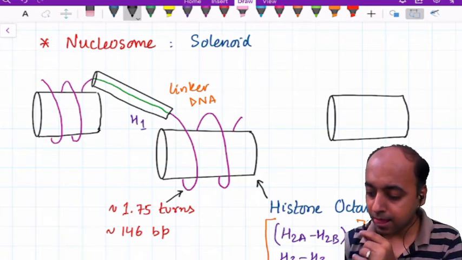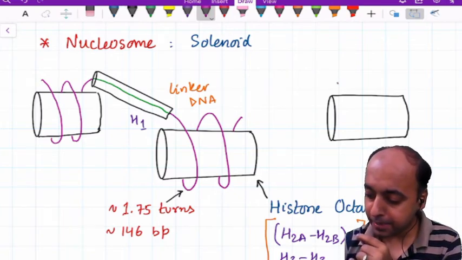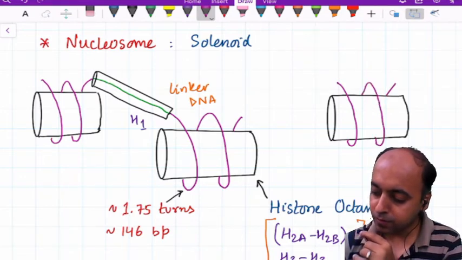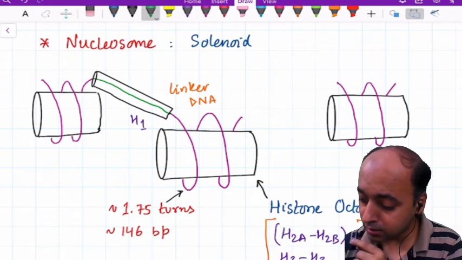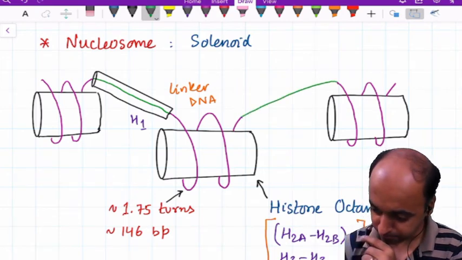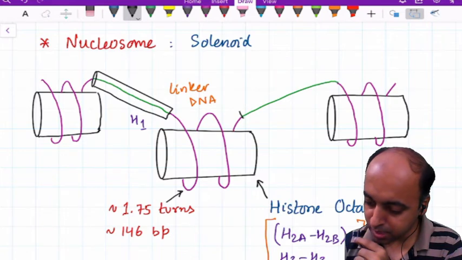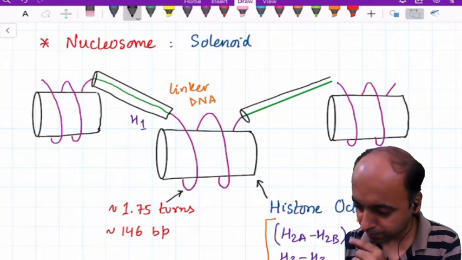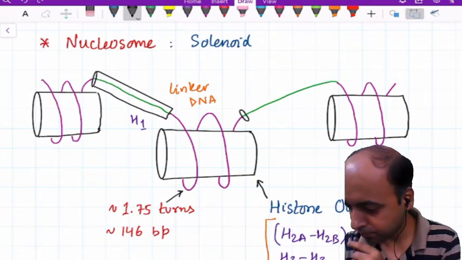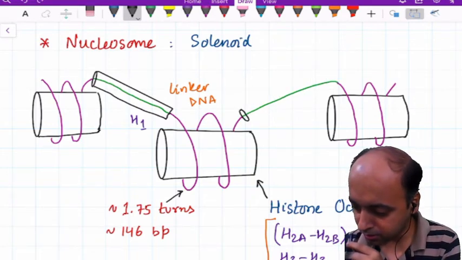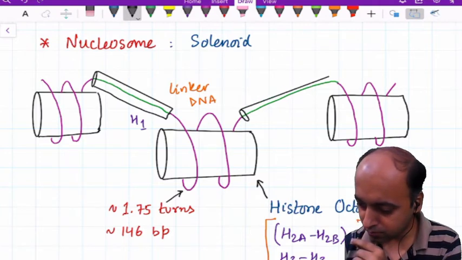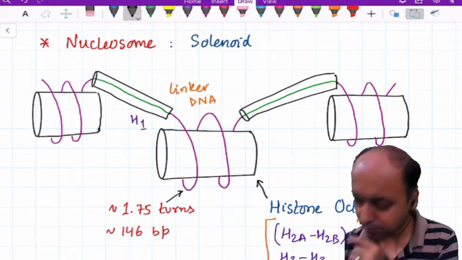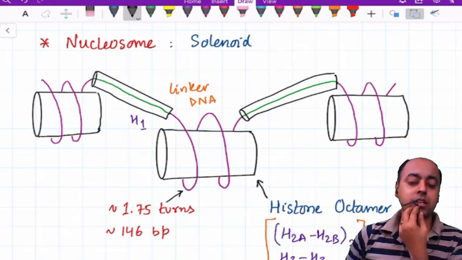Right? And the DNA, which is wrapped around the histone, and the linker DNA, protected by the H1 histone. Right. So this is the structure that we see.